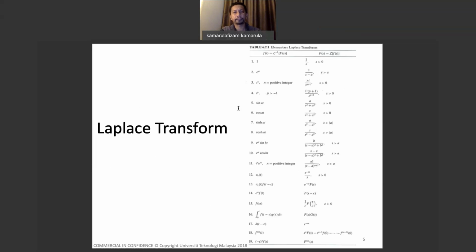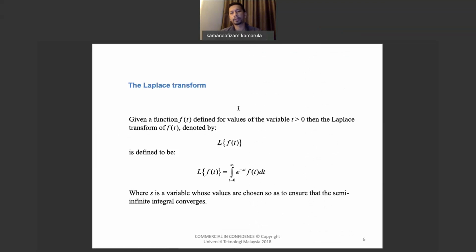So the Laplace transform is a mathematical framework that helps us find solutions for ordinary differential equations.